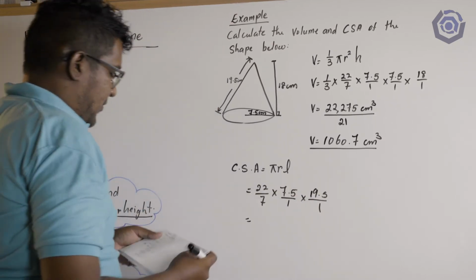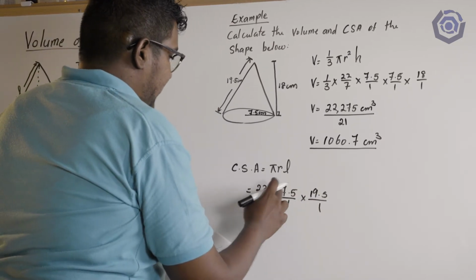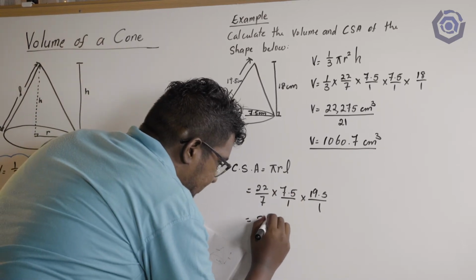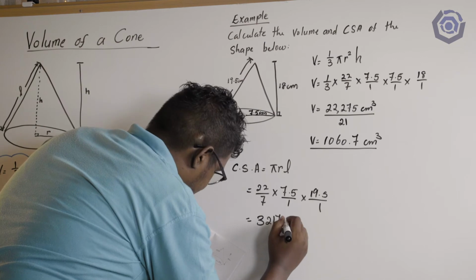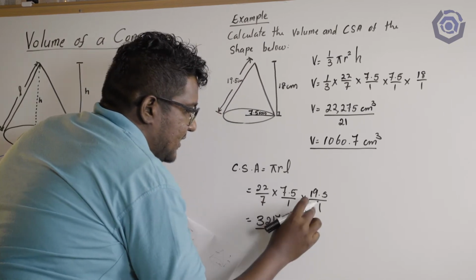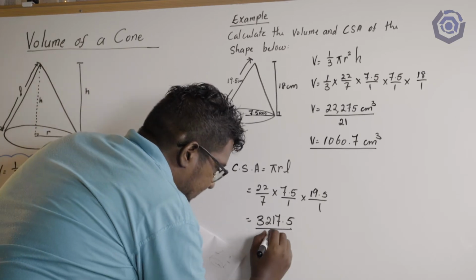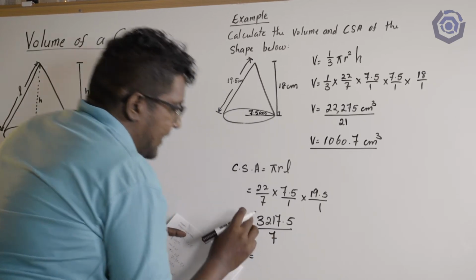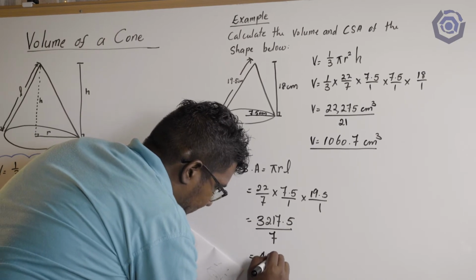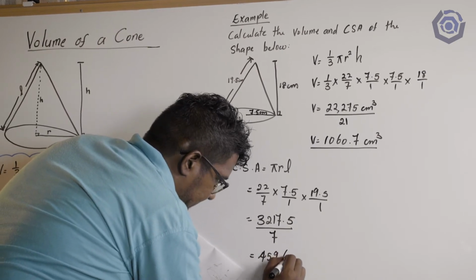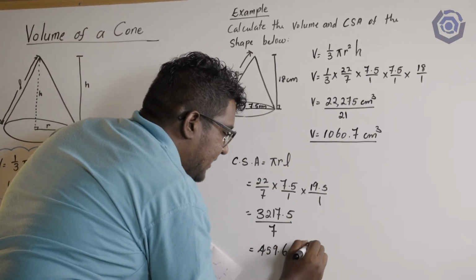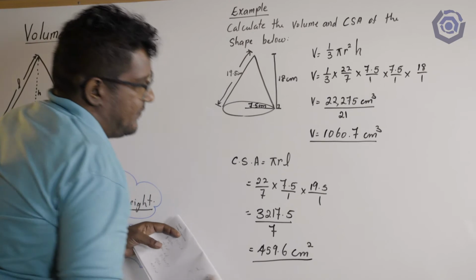So multiply our numerators. 22 times 7.5 times 19.5 is going to give me 3,217.5, divided by 7 times 1 times 1. That's going to give me 7. And when we divide it, we get 459.6. Our unit is cm, and since we're finding area, it's cm squared.